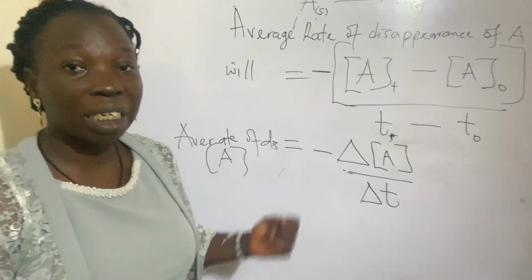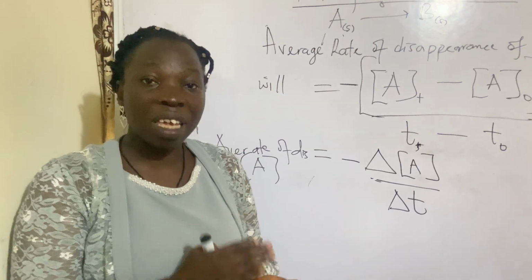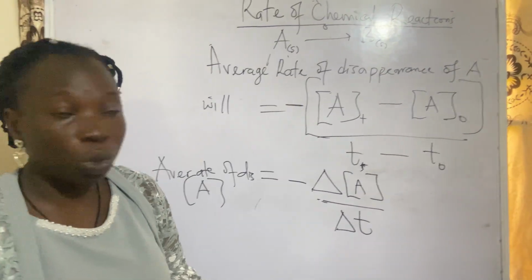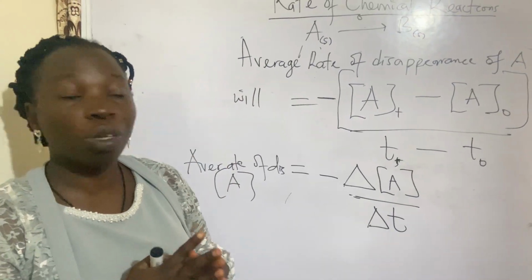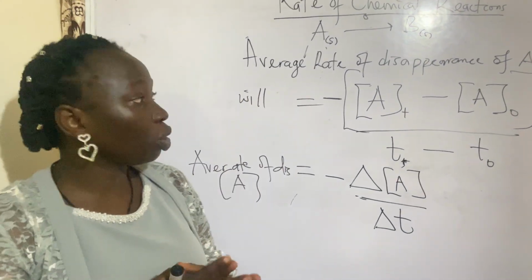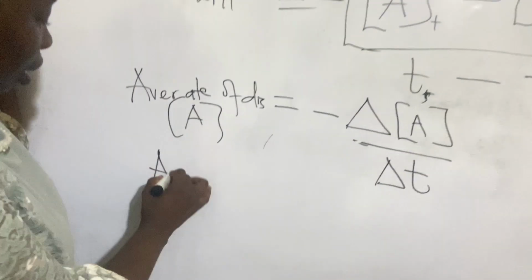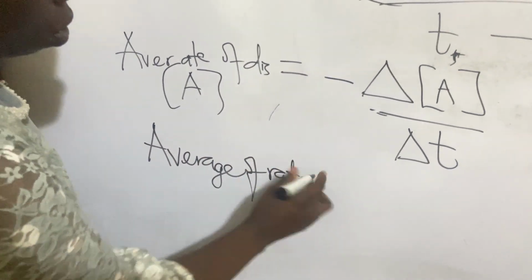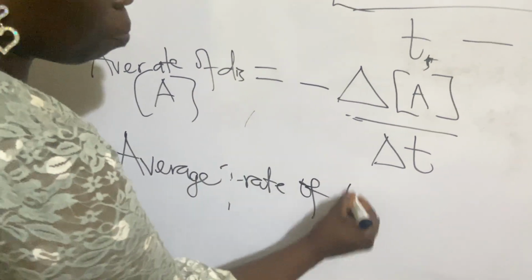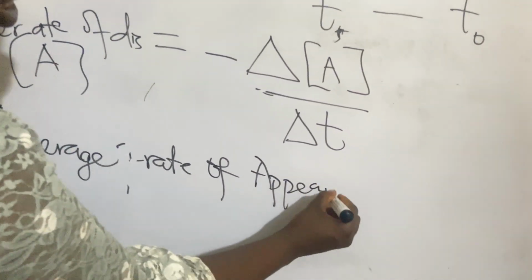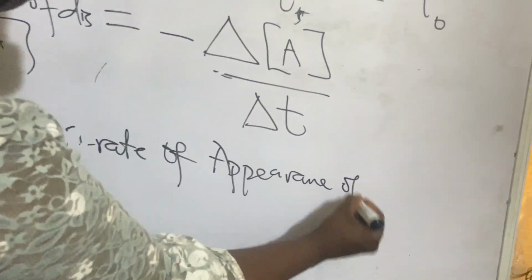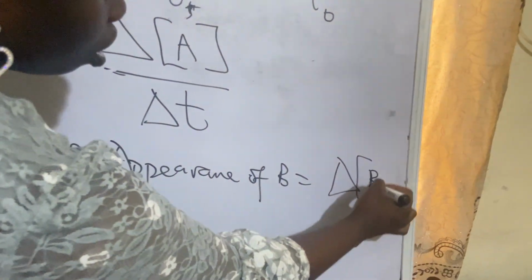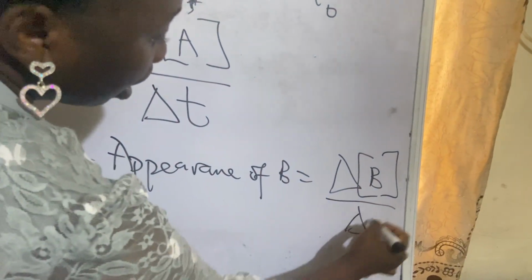And this minus indicates that the concentration of A is decreasing with time as the product is being produced. So what will be the expression for the average rate of appearance of B? We simply write average rate of appearance of B will be equal to change in the concentration of B all over change in time.